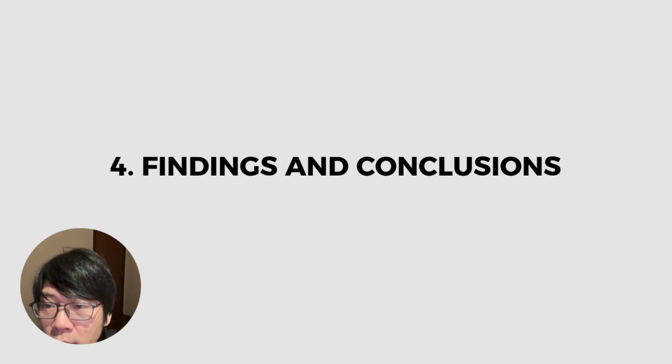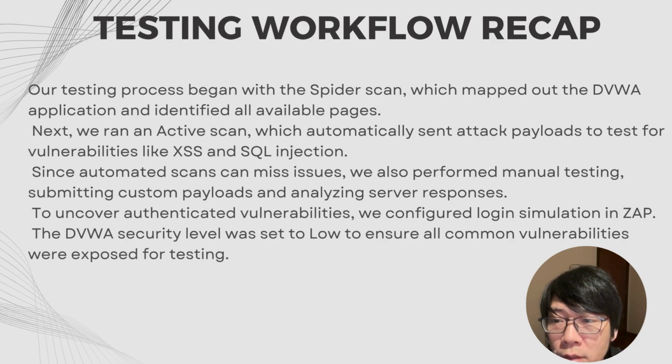In this part, I will share what we found during our testing and what we learned. I started our group test with the spider scan to find all the pages in DVWA.